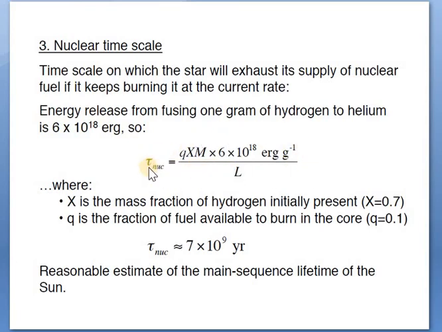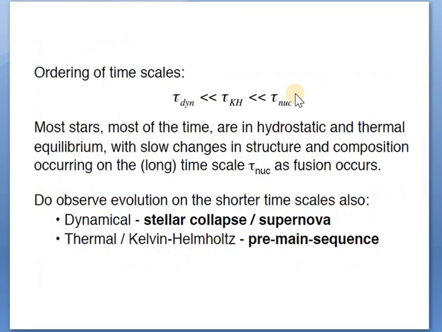Using this relationship, again dividing by the luminosity L, where Q is the fraction of the fuel available to burn in the core, approximately 10%, and X is the mass fraction of hydrogen initially present, 70% or so, we get the nuclear time scale of the order of 10^9 years. This gives a reasonable estimate of the main sequence lifetime of the Sun.